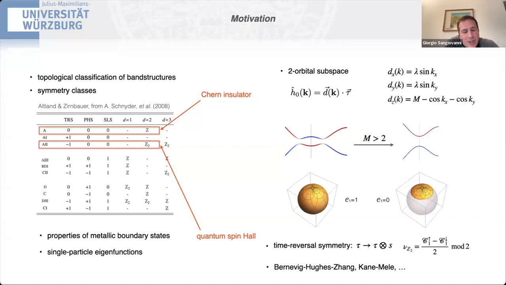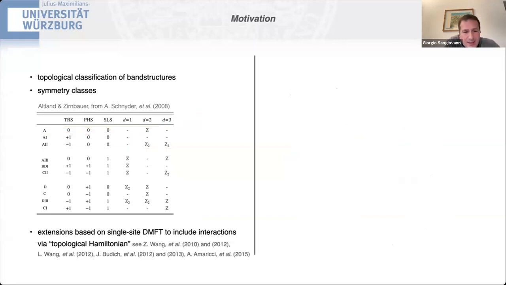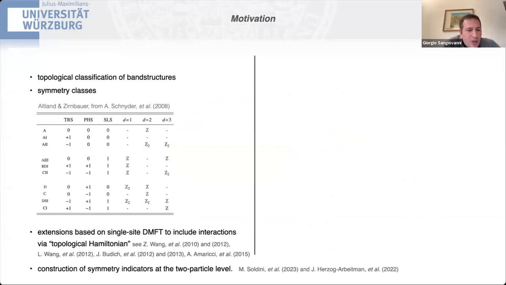Attempts to include interactions in this picture have been done in single-site DMFT in the framework of the so-called topological Hamiltonian, which, however, is limited by the fact that the self-energy is k-independent, of course, in single-site DMFT. And there have been recently more sophisticated constructions based on two-particle symmetry indicators that, however, are quite complicated to handle.